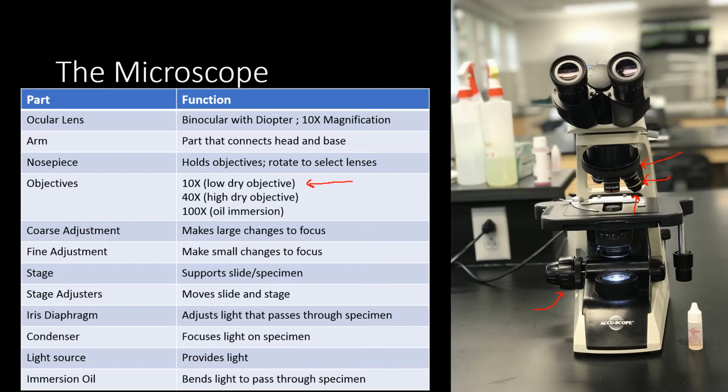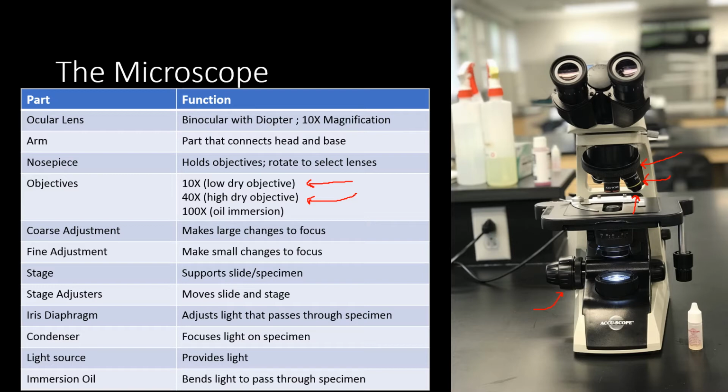The next objective is called the 40x objective, or the high dry objective. This allows you to make your specimen a little bit bigger. Now here's the thing about this objective. A lot of times when people are using our microscopes, they're using immersion oil.